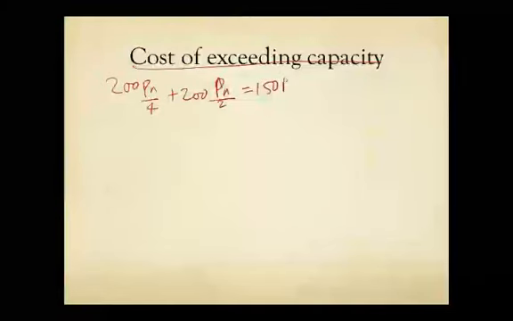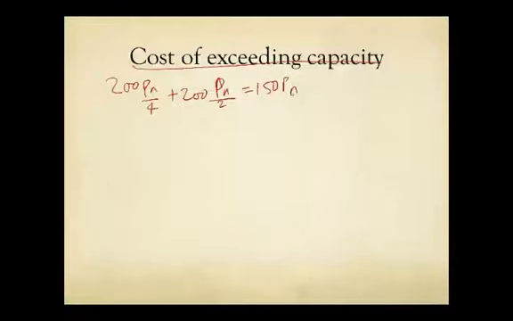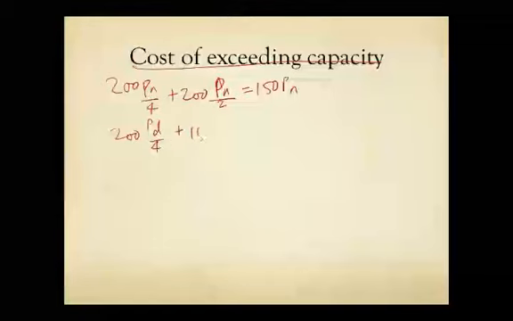The other term in the expression of the objective function is the cost of exceeding capacity, which we said is $1 for each gigabyte. Now let's look at the amount of traffic here. The amount of traffic shifted into nighttime from the previous table is simply the following: equals 150 Pn. And the amount of traffic that shifted into daytime, coming from nighttime, is simply the following.